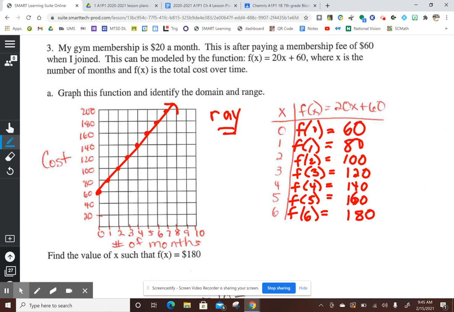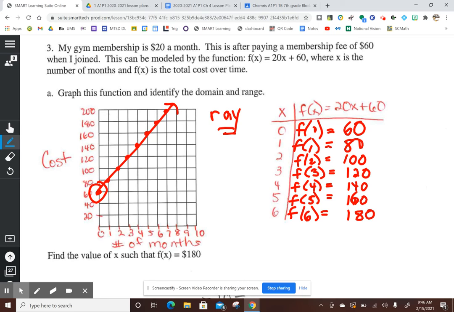No. Can we have negative costs? No. So it can't exist anywhere but quadrant 1, which means this is an endpoint, okay? So if somebody was to draw a line, they would get points taken off.